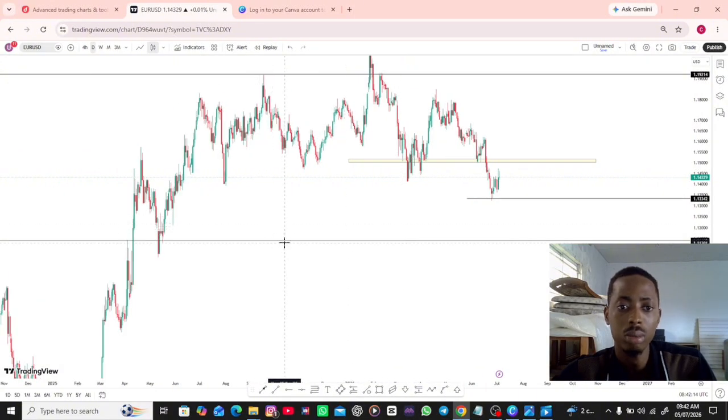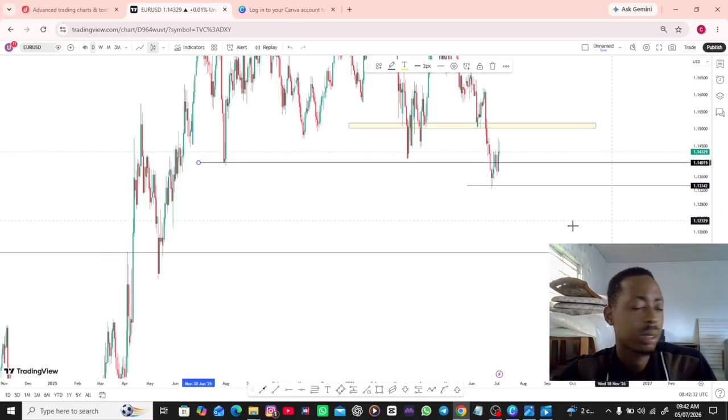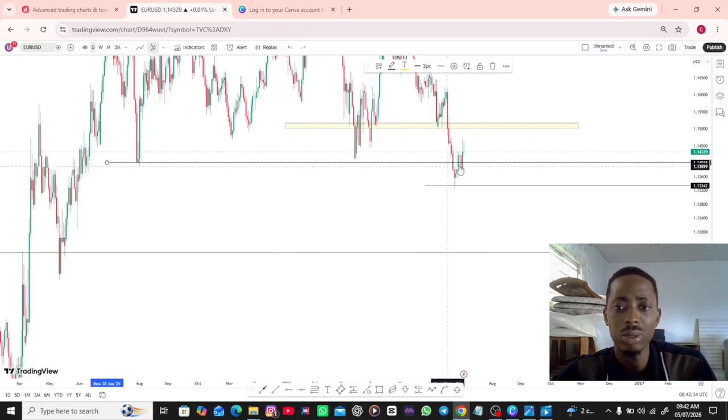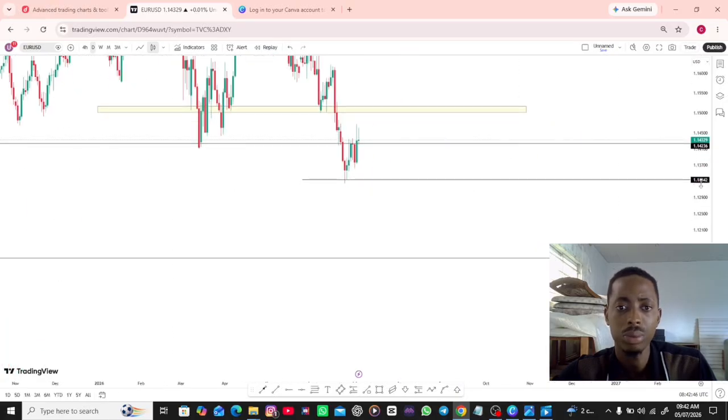Am I missing something? If I take this one right now, the market has already done its own thing here, and this one we keep on testing above here.